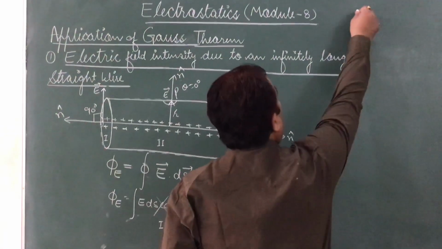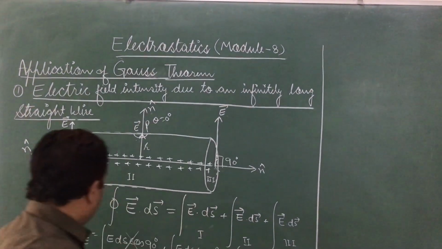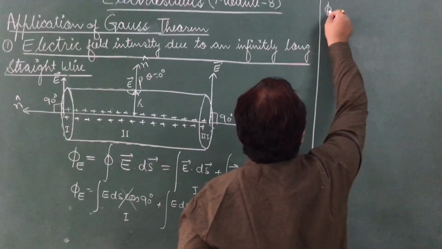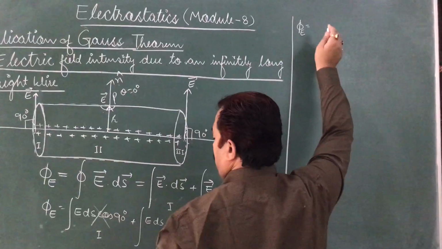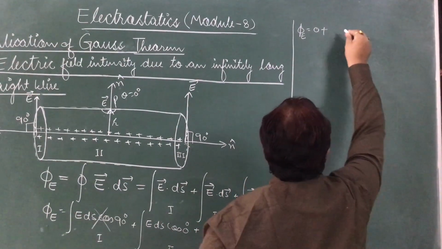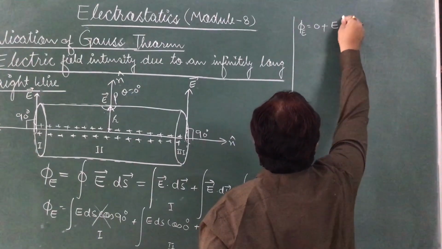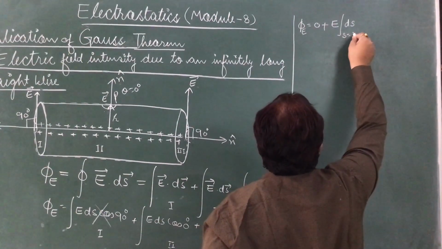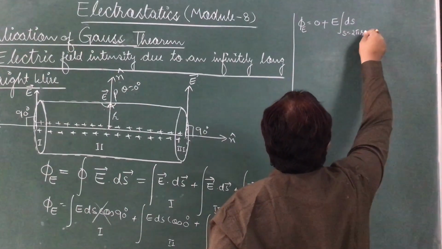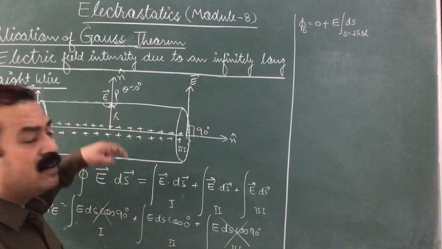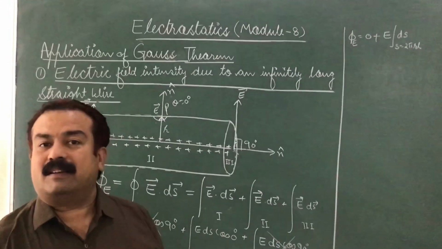Now, see, if I write the electric flux, then the electric flux equals this value, which is 0. So this value has some value. You can take E outside, ds inside, and the surface area is equal to 2 pi RL, because we know that the surface area of a cylinder is 2 pi RL.